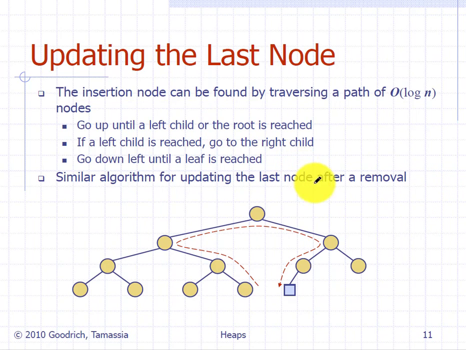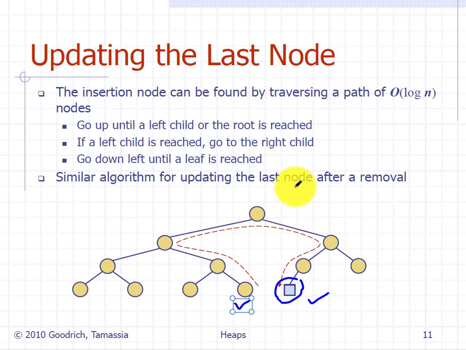So this is a small procedure to update the last node, right? If you're inserting a node into a tree, you could find the place of insertion by simply going to the last node, which in this case would be here, going up the tree until you find a left child or the root, and then you just go right once and then continue to go left, and that's how you can find the new place to insert a new element.